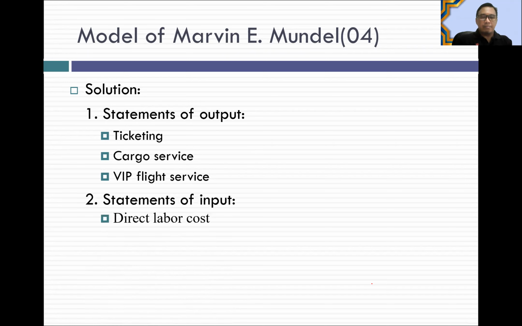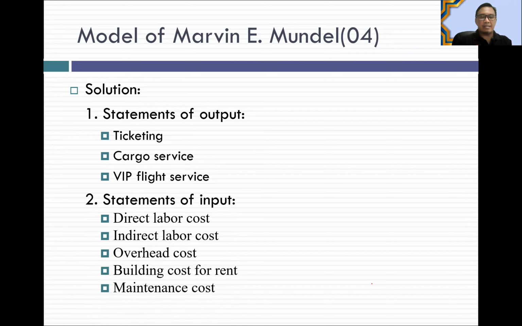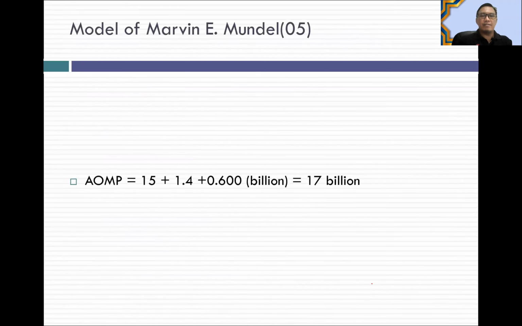And the inputs are the direct labor cost, indirect labor cost, overhead cost, building cost for rent, maintenance cost, and administration cost. All right, and then we need to calculate.